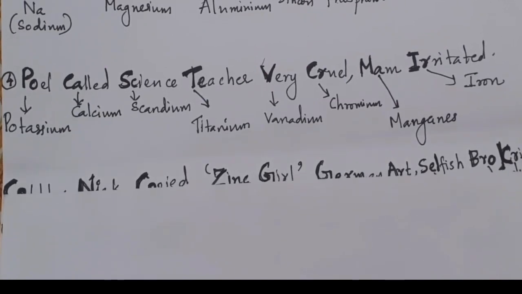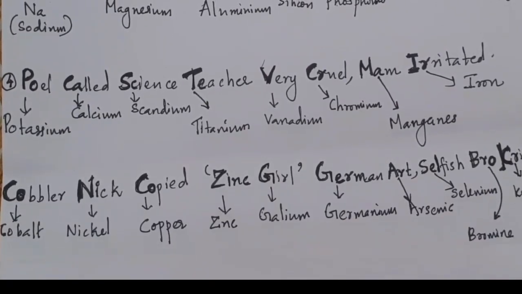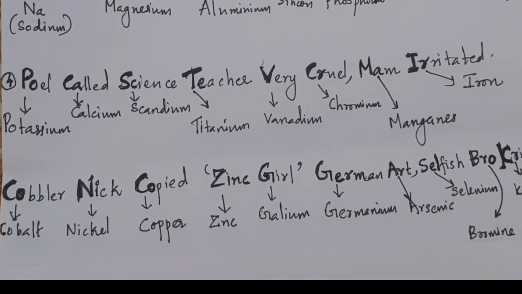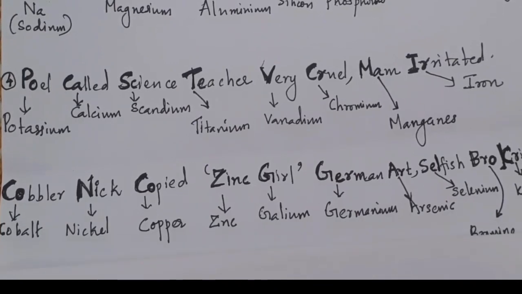For the remainder of the fourth period, just imagine a simple story. There is a cobbler named Nick. He copied some zinc girl statues in the German art gallery. Seeing this, a selfish brother cried. You have to imagine this scene in your mind.